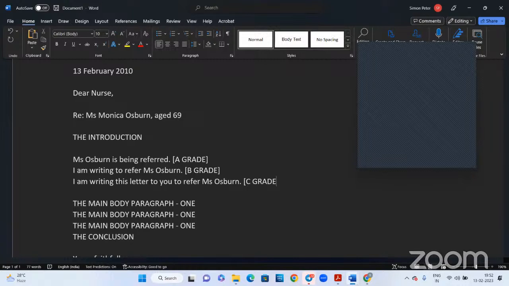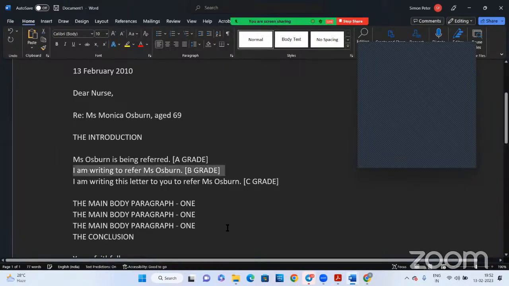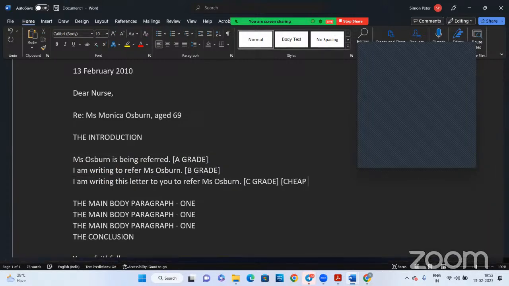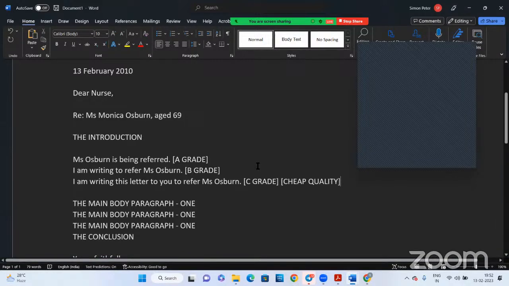This is called beating around the bush. This is itself nonsense. All three mean the same. There is no difference. Everything is one and the same. Do you find any difference in these three sentences? I don't find any difference. But this is an outstanding student, this is a moderate student, and this is a useless student. This lacks proficiency. Very cheap quality. This is cheap quality. This is ordinary quality.